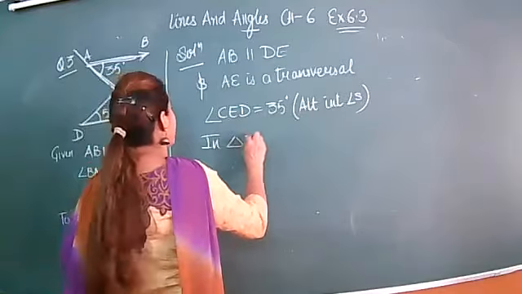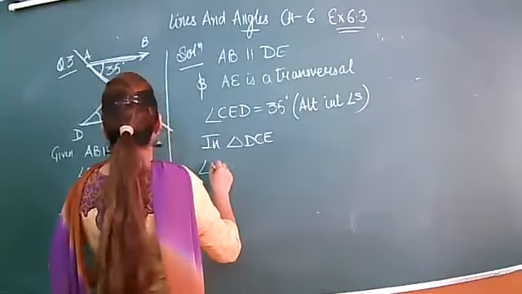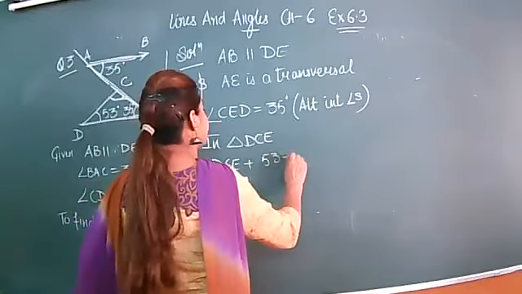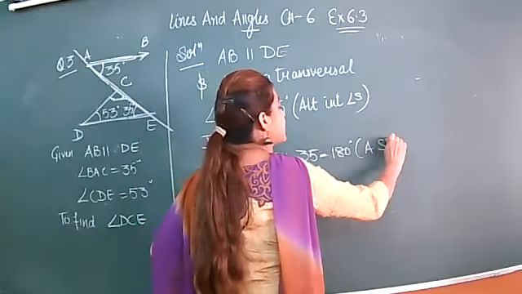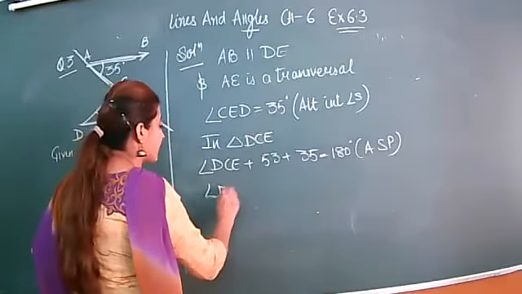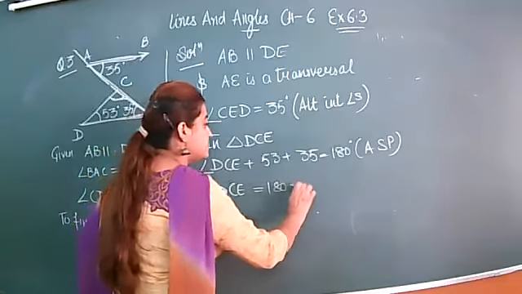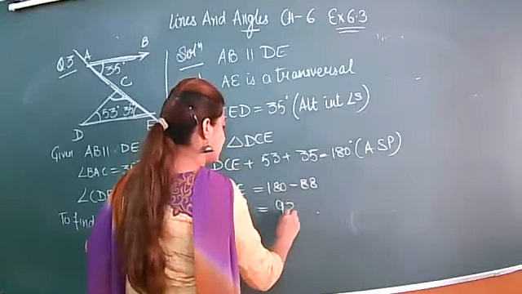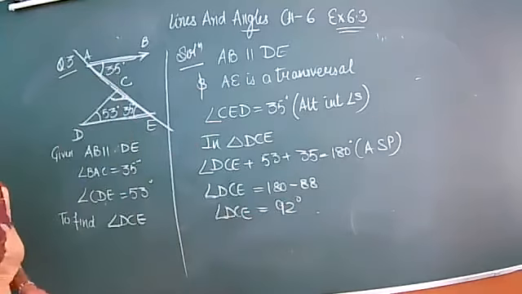Now consider the small triangle DCE, that is angle DCE plus angle 53 plus 35 will give you sum as 180, that is angle sum property. Now get the sum of these two angles and subtract it from the 180 to get 92. So this angle DCE is your 92.